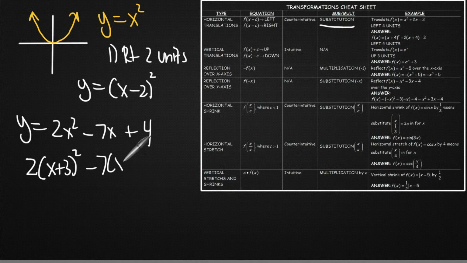Each one. And if you do that, and you graph this on your calculator, and then you graph this on your calculator, you will see that this is a direct shift of left 3 units. So now we know how to shift things left and right. You just simply substitute x plus or x minus, however many units you want to shift it by.